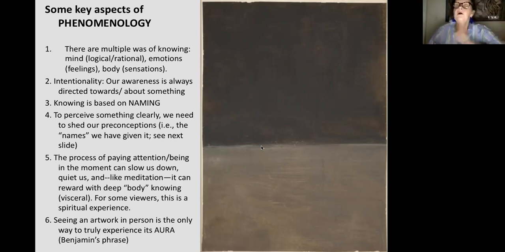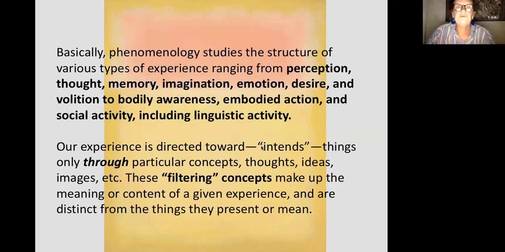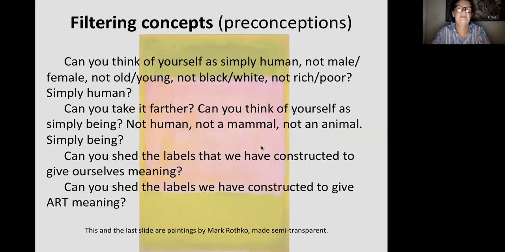And they are all ideas that you had before looking at that slide. In other words, they were all preconceptions. Phenomenology tells us the only way we can really see and experience something is to let go of those filtering concepts. So what do I mean by that, and how basic is that?